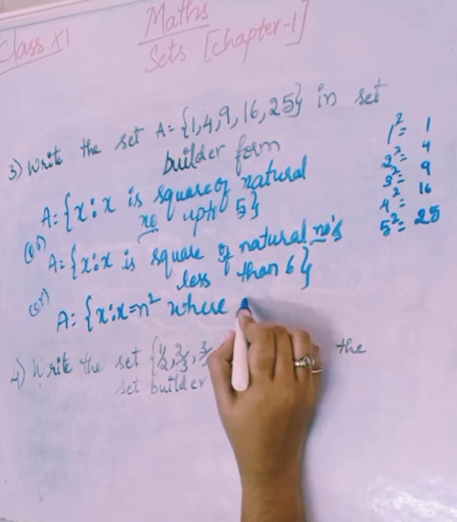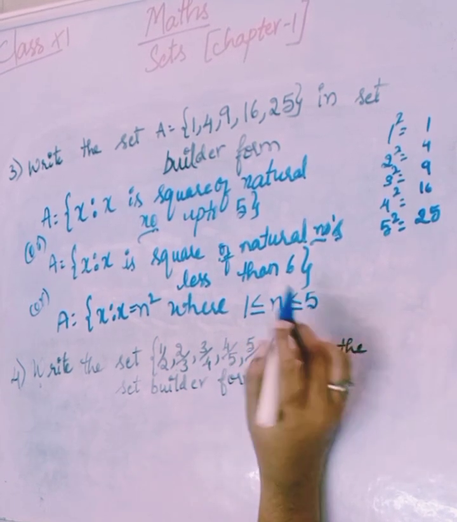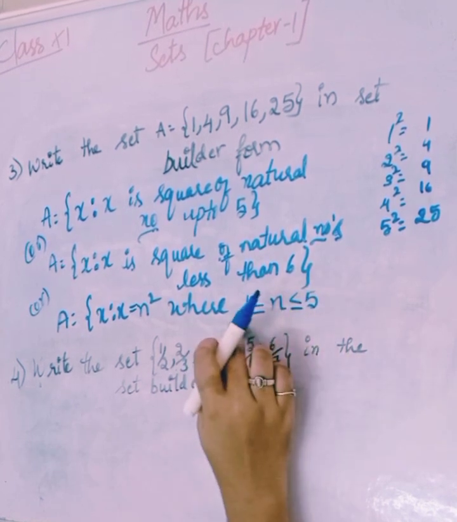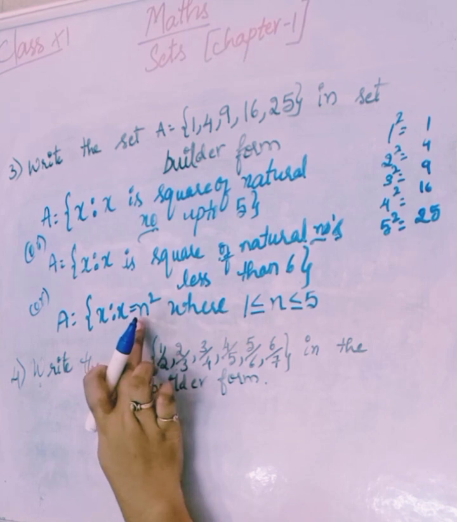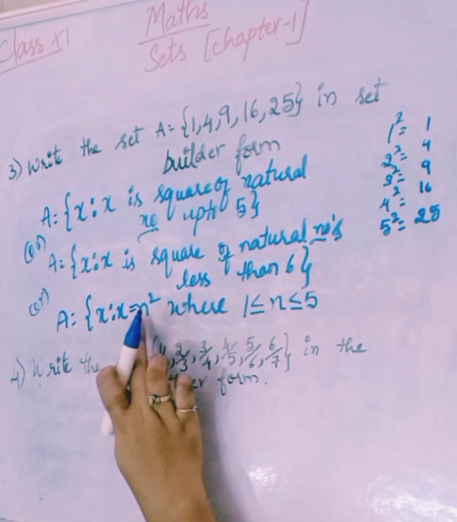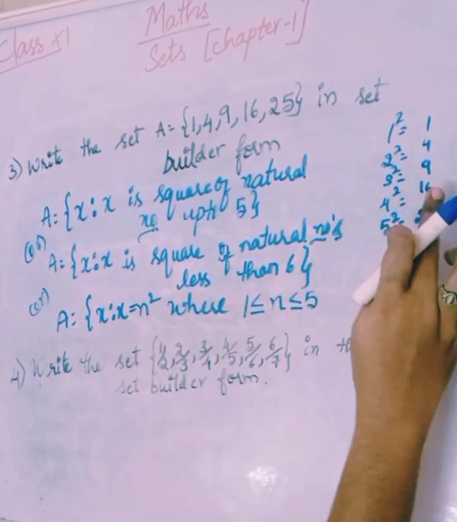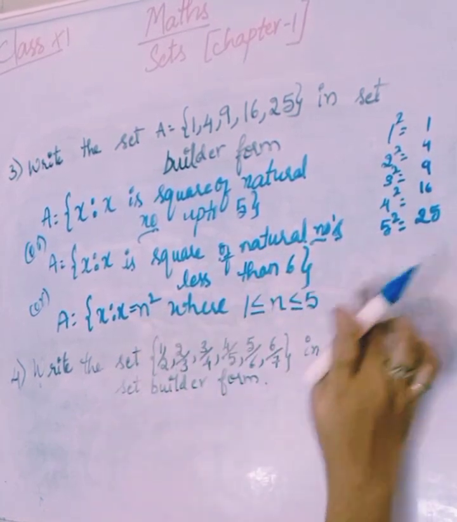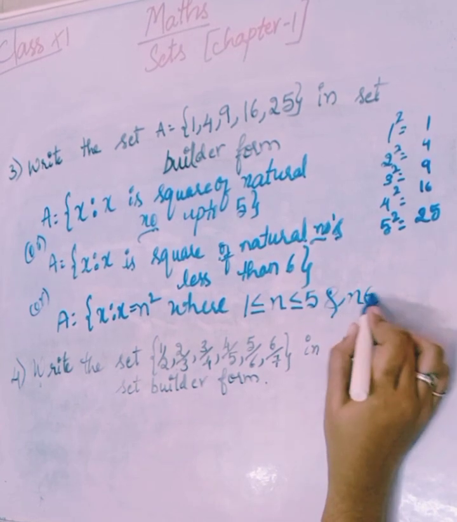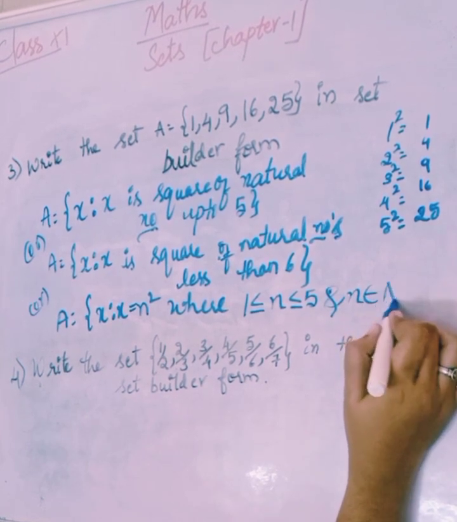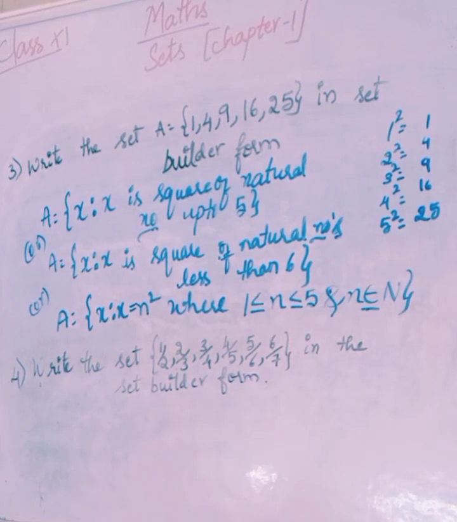So n square: n is 1 means 1, 2 means 4, 3 means 9, 4 means 16, 5 means 25, till 5. And we know n belongs to N, the natural numbers.